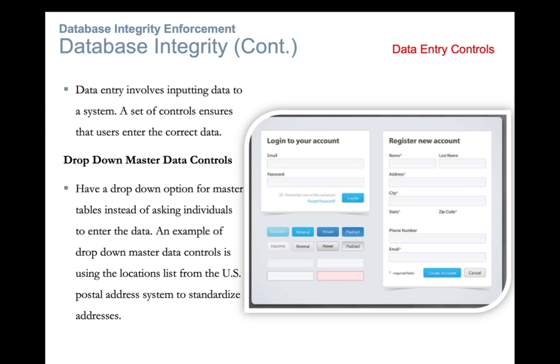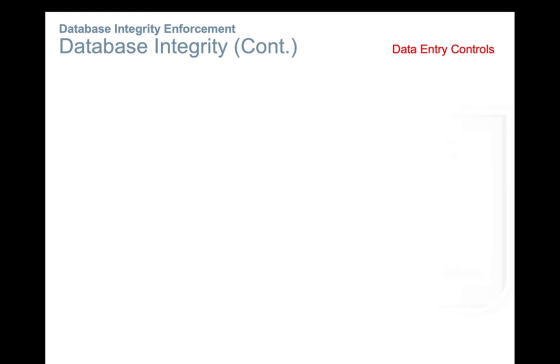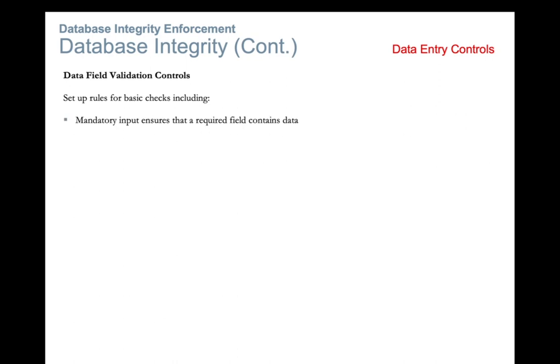and to standardize it. In the data field validation control, the setup rules for basic checking include the following. One is mandatory input, which ensures that a required field contains data.